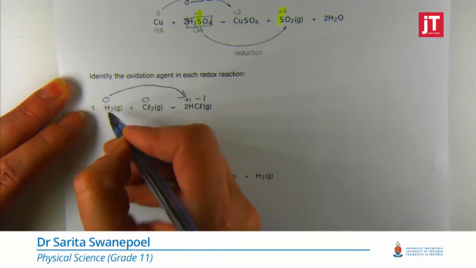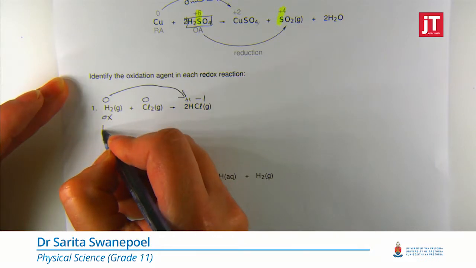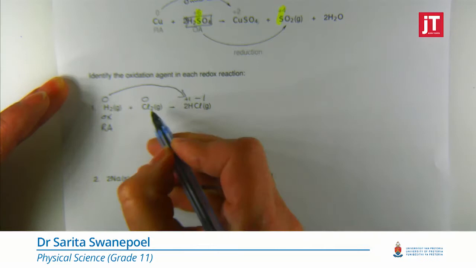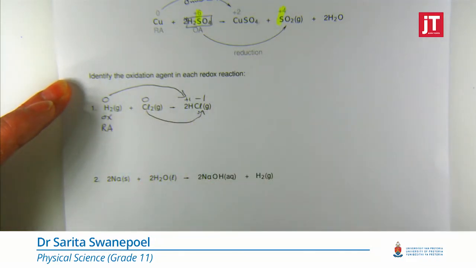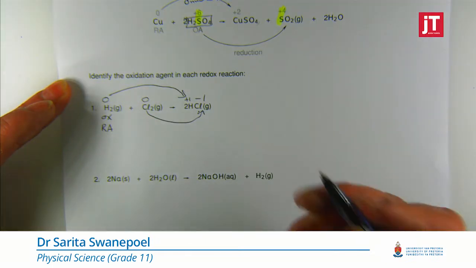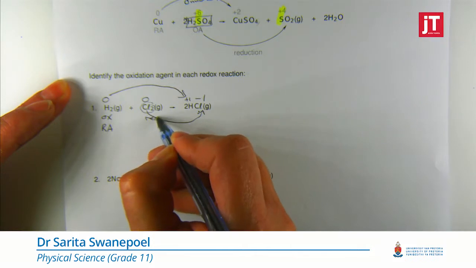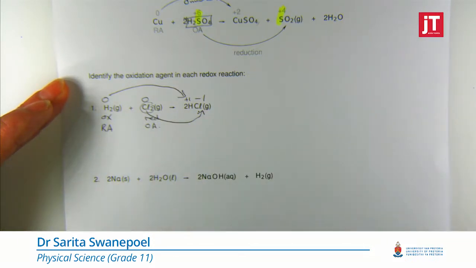It tells me H2 is oxidizing, and that will make it the reducing agent. If you look at chlorine, it starts out 0, it ends up as -1. What happened to the oxidation number? It reduced. So we say chlorine reduced, and it is the oxidizing agent.